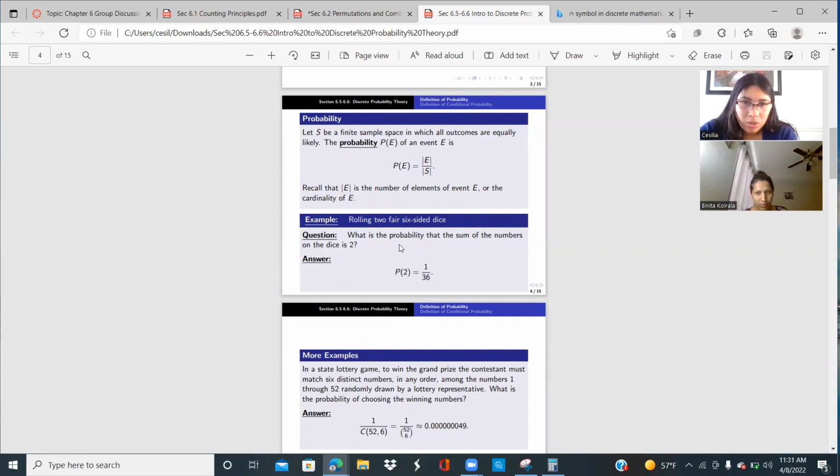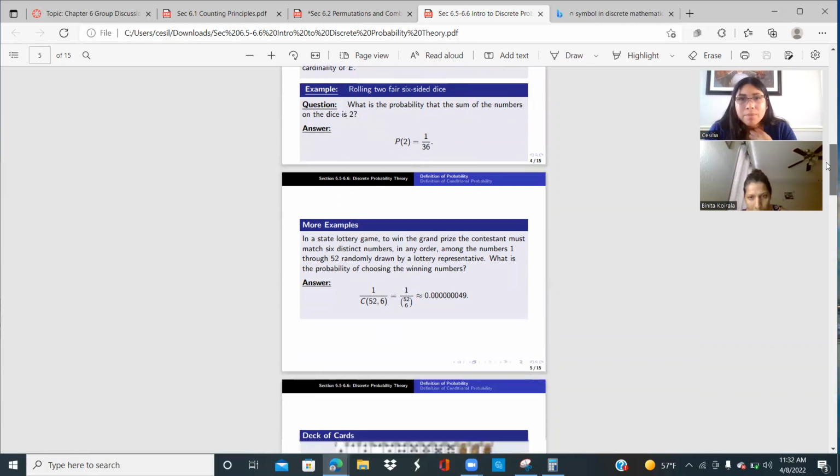What is the probability that the sum of the numbers on the dice is 2? Since we have 6 times 6, you have 36 different outcomes. With the sum being 2, you get 1/36.